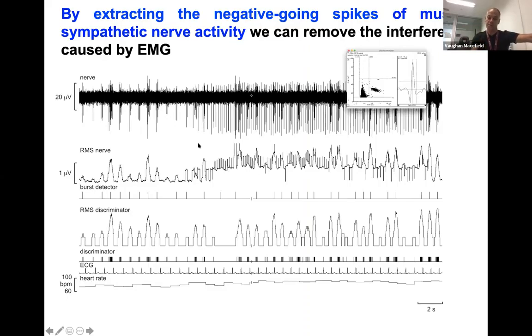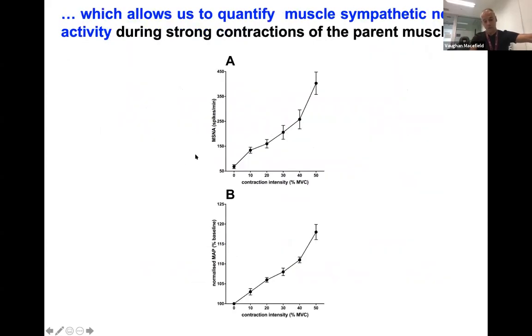So you can use this approach to extract the sympathetic spikes. We have used this successfully to record from sympathetic nerve activity to contracting muscles, and shown that as contraction intensity of the muscle from which we're recording sympathetic nerve activity increases, we can see a linear increase in muscle sympathetic nerve activity represented as spikes per minute.